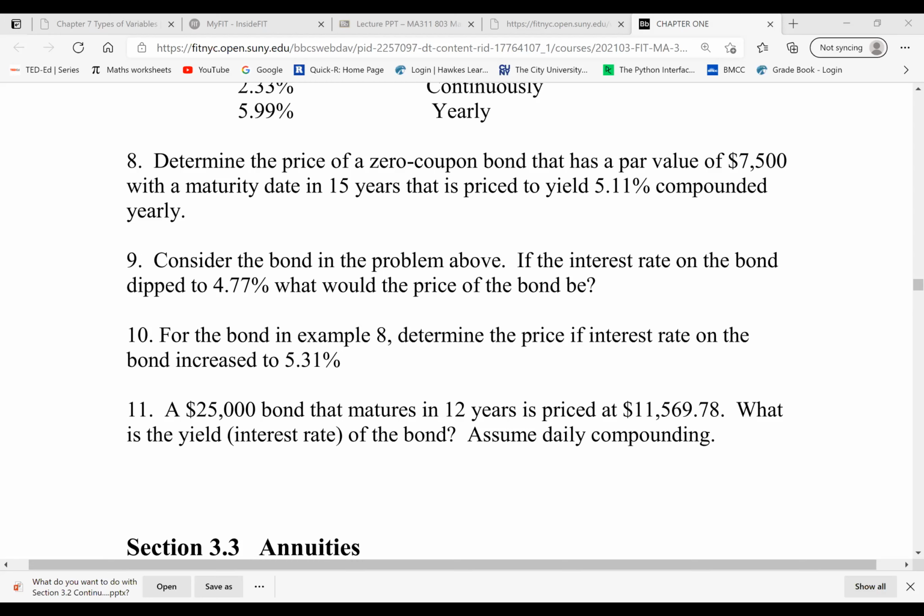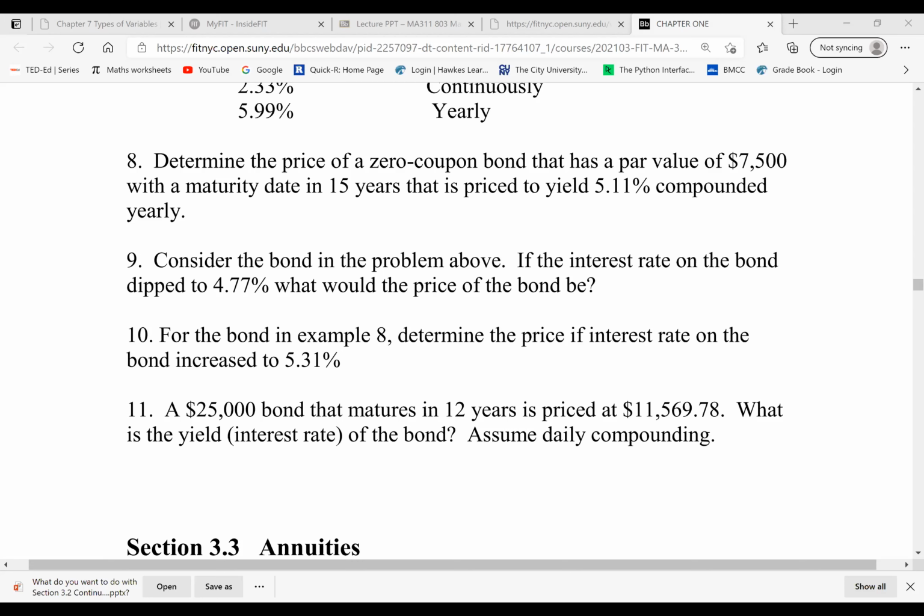Okay, so for question 8, determine the price of a zero coupon bond that has a par value of $7,500. At maturity, the ending balance A is 7,500. And the maturity is 15 years, so time T is 15 years.